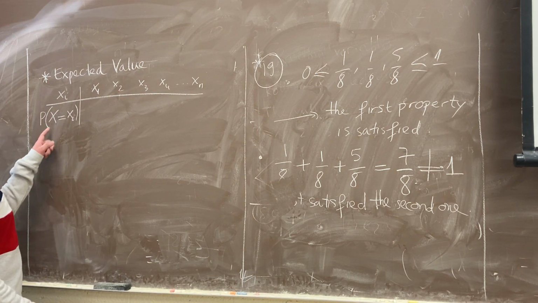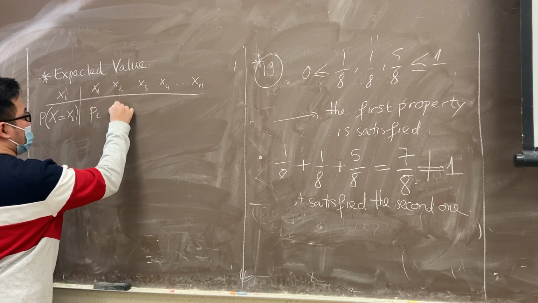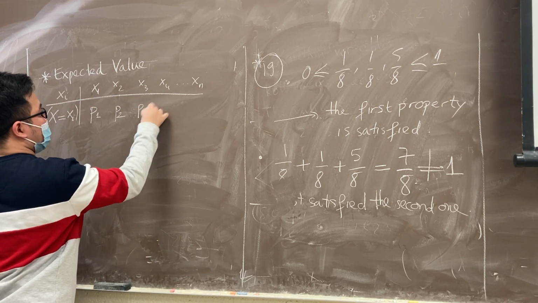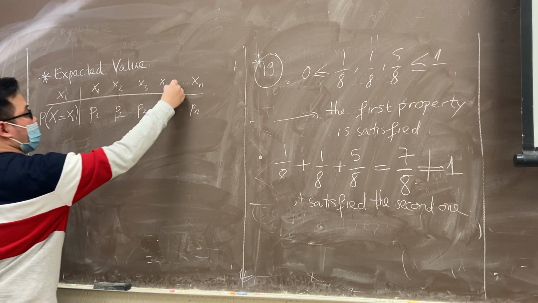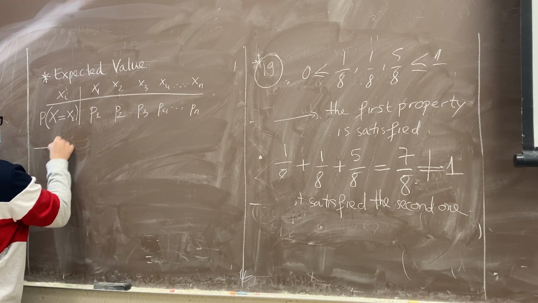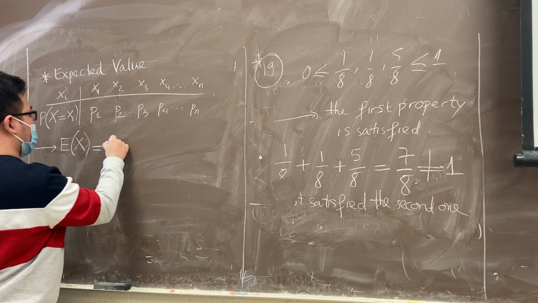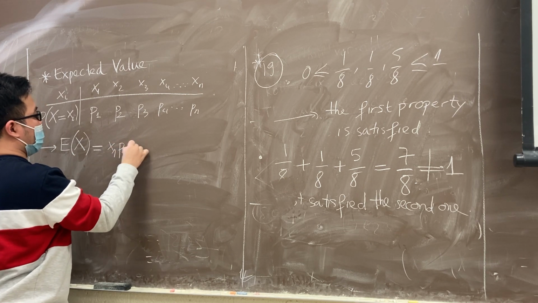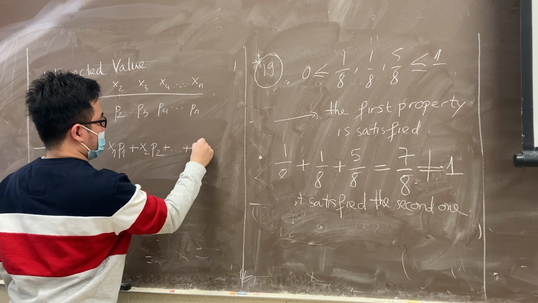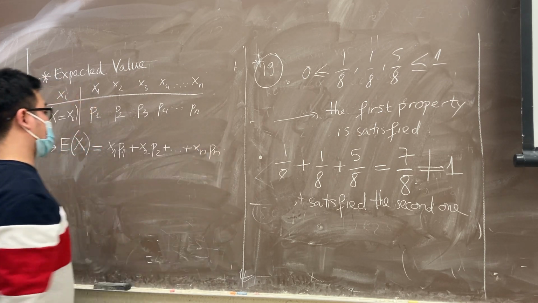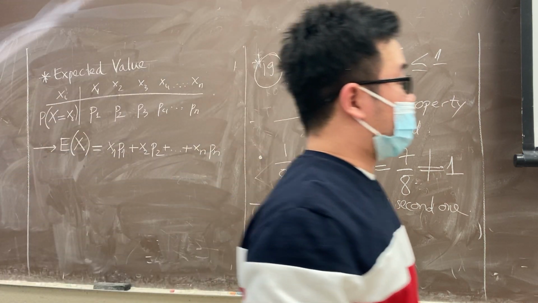The probability that X equals x1 is p1, X equals x2 is p2, then p3, p4, up to pn. And the expected value should be x1 times p1 plus x2 times p2 plus up to xn times pn. That is the formula for expected value. That's covered in chapter 5.